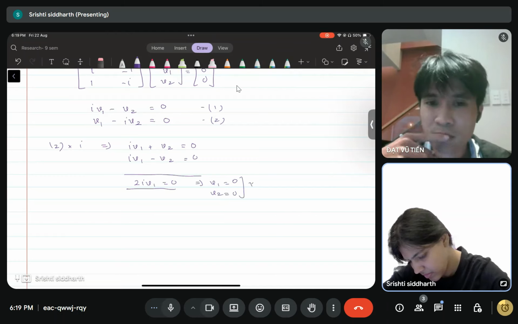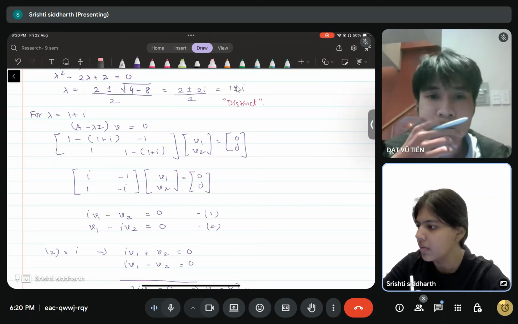We are actually not looking at a zero vector as an eigenvector, so this is not correct. Let's see if we can find some other example.